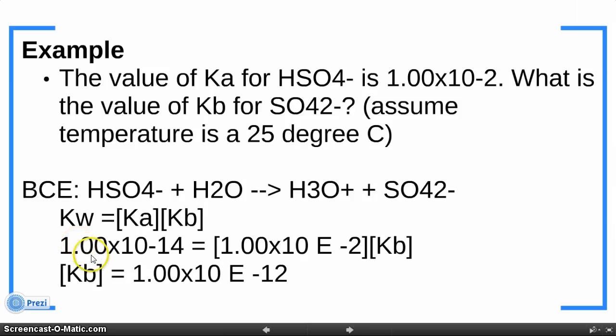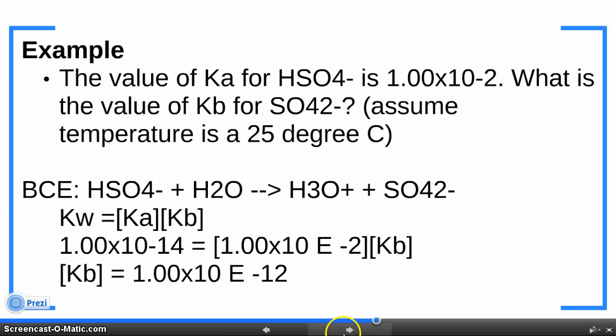Kw equals 1.00 times 10 to the negative 14th equals Ka times Kb. Well, in this situation, Ka would be 1.00 times 10 to the negative second, and after you solve that, Kb equals 1 times 10 to the negative 12th.